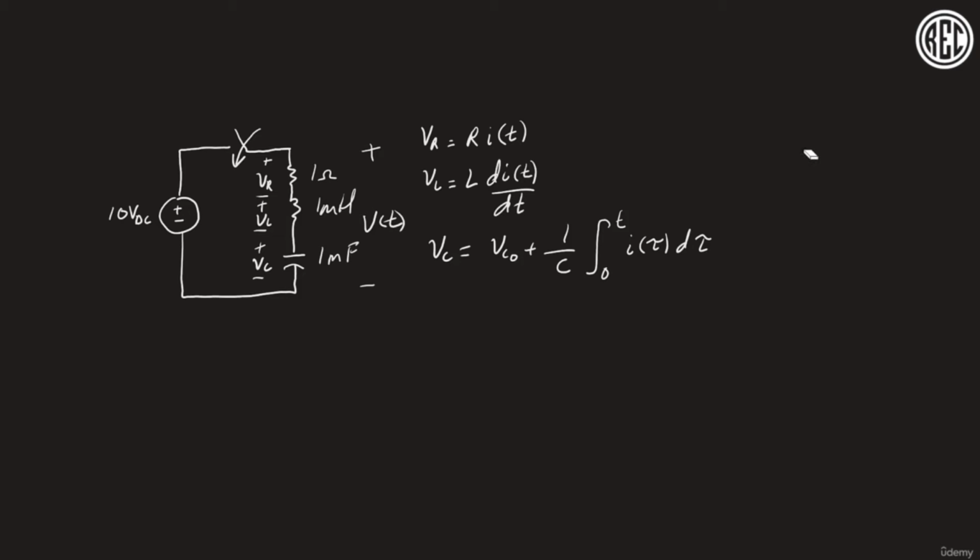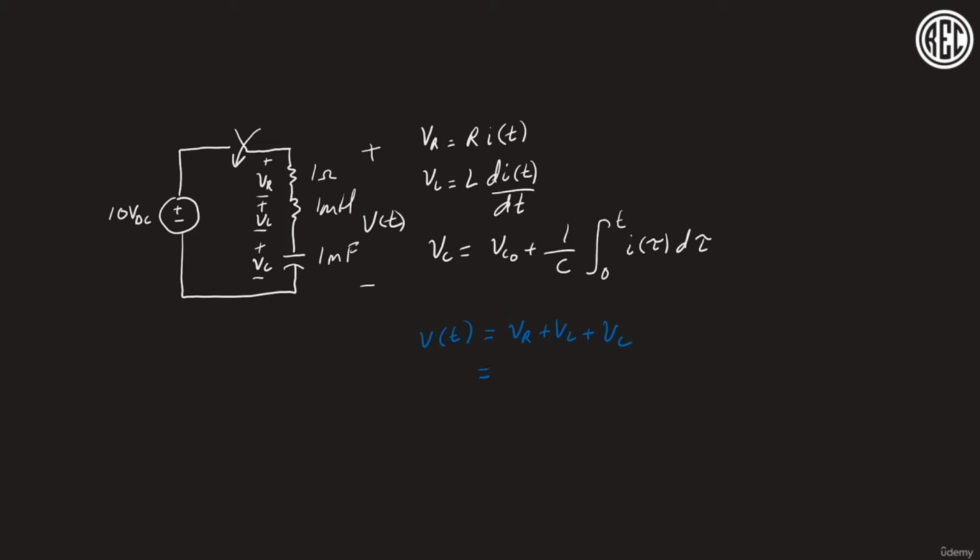So essentially what I'm saying is that V of t, which again is the voltage across the entire circuit, is going to be equal to VR plus VL plus VC.